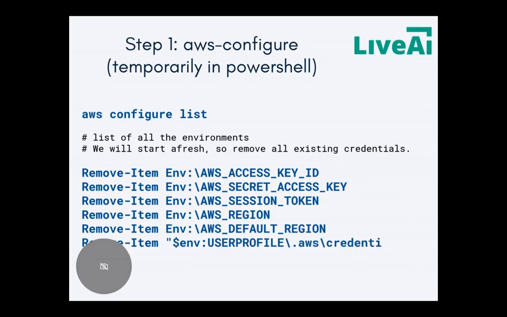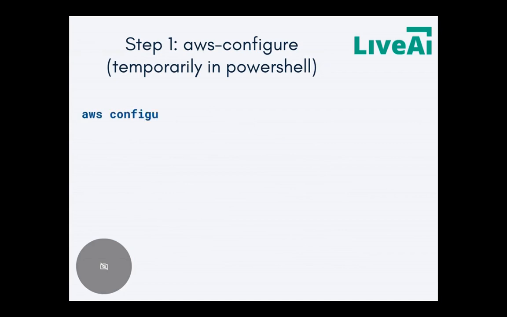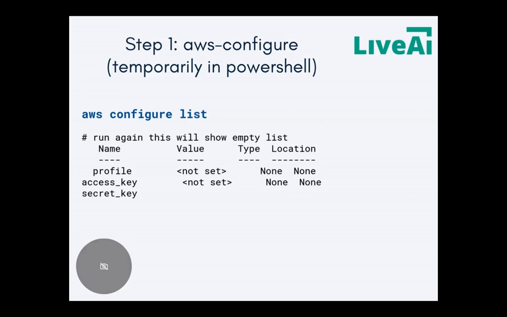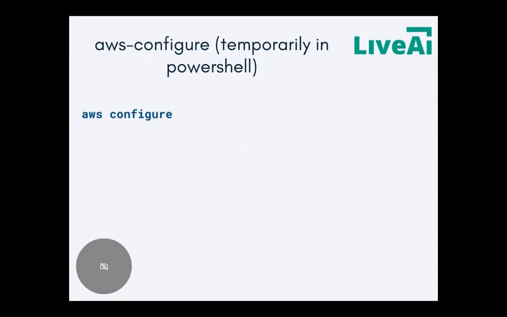Okay, so you can use all these commands to clear your credentials at first, and then you can check again if those have been cleaned. So if I have now cleaned all those existing credentials and then I do the AWS configure list, you can see the profile, access key, secret, region, all of these are set to none at this point. Okay, so now you need to configure this again.